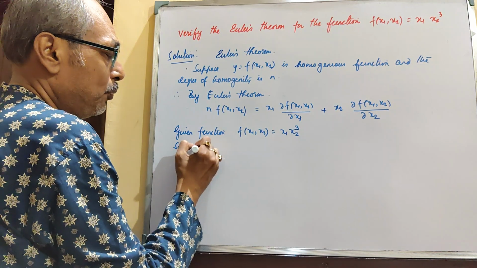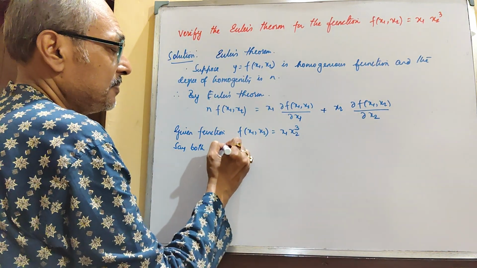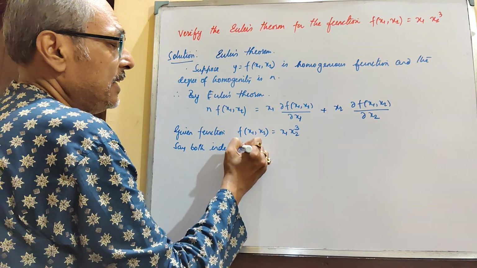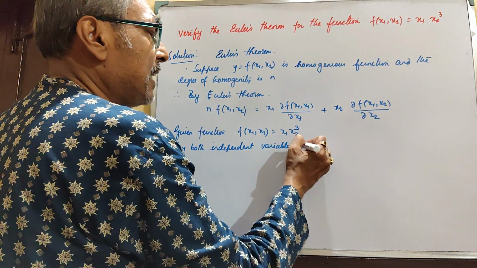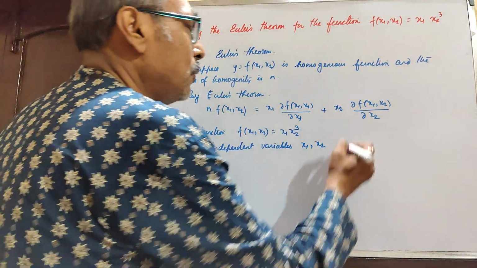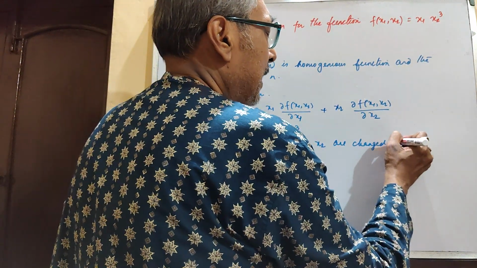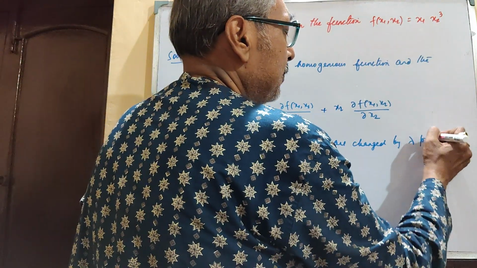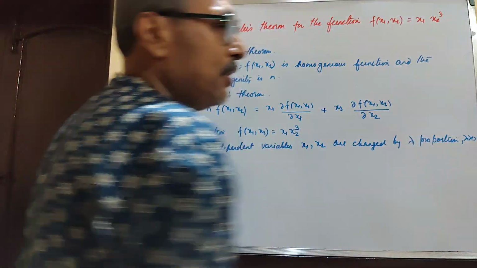Say both independent variables, x1 and x2, are changed by lambda proportion, where lambda is greater than 0.